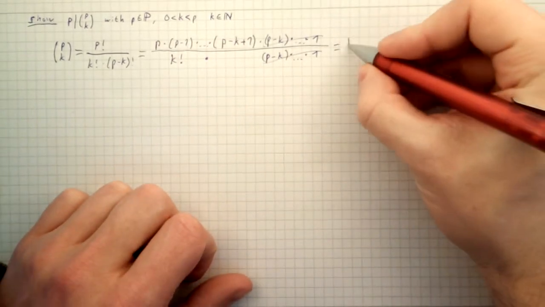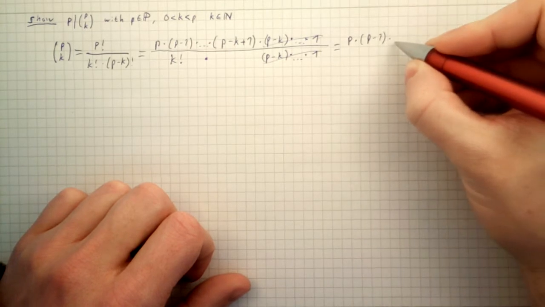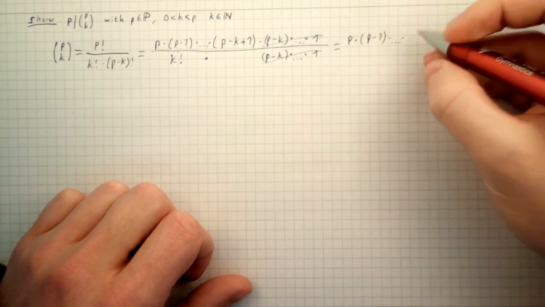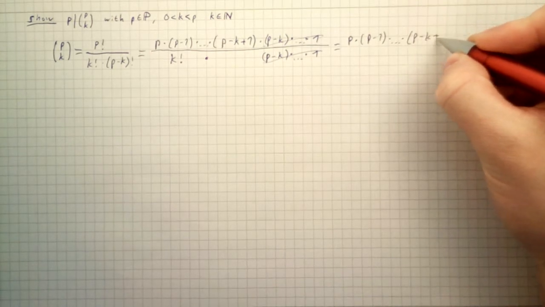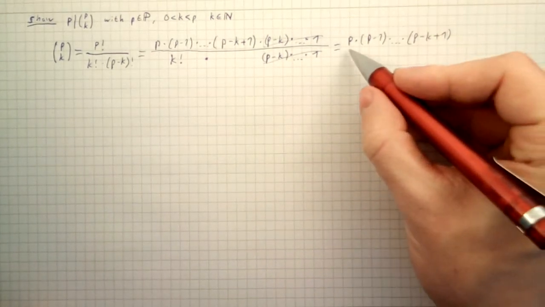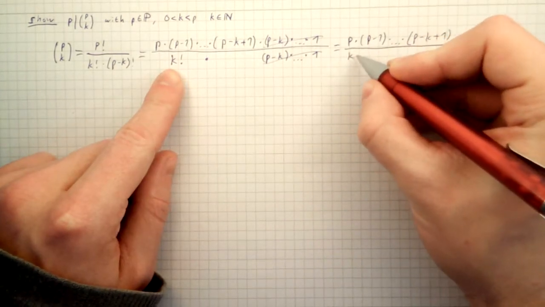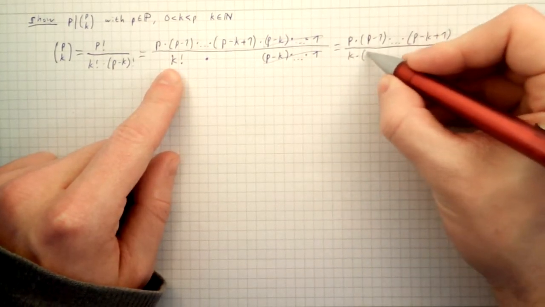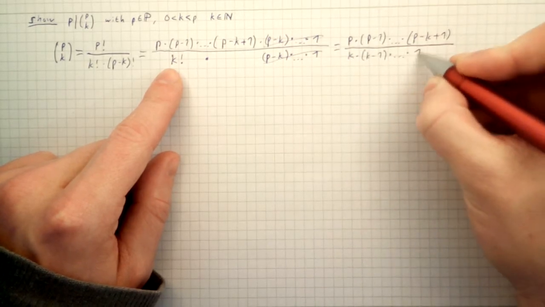and we get p times p minus 1 times some factors times p minus k plus 1 divided by k factorial, and we unwind this to k times k minus 1 times so on times 1.